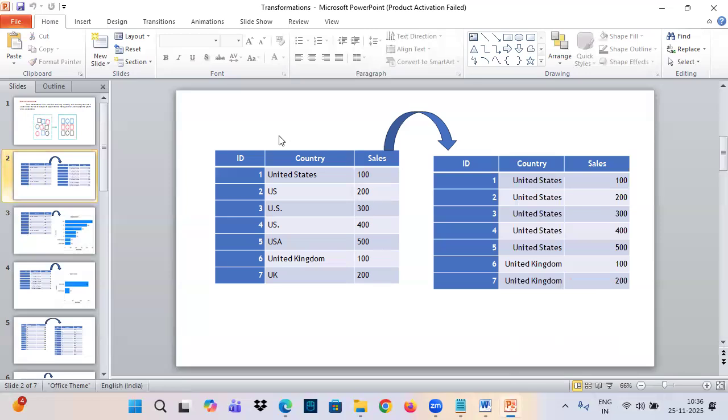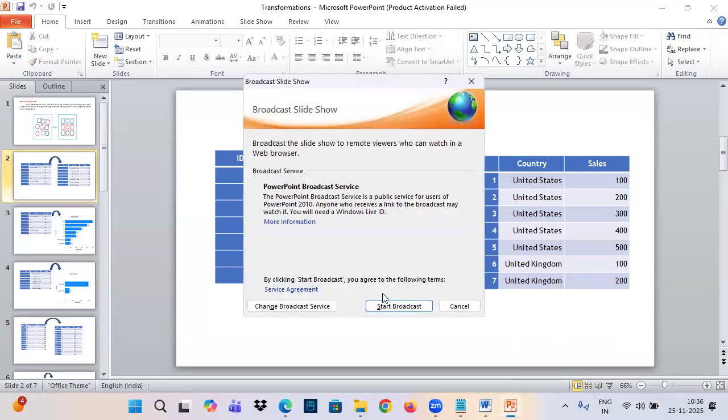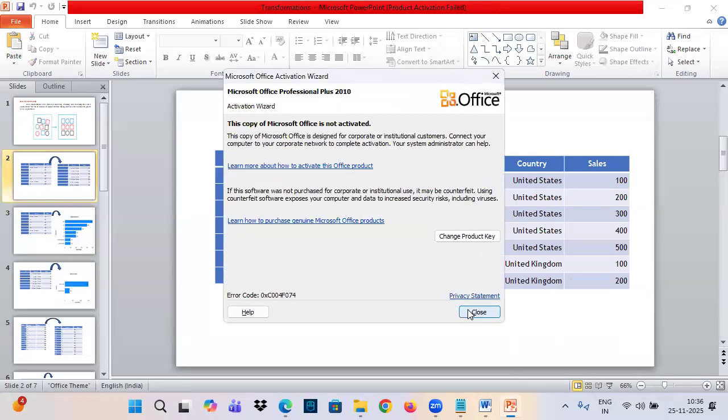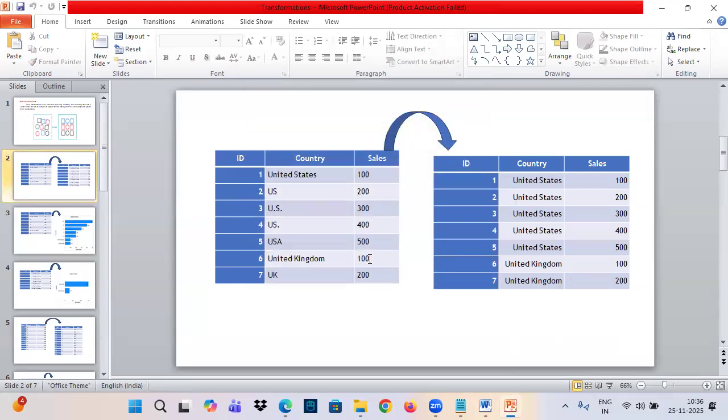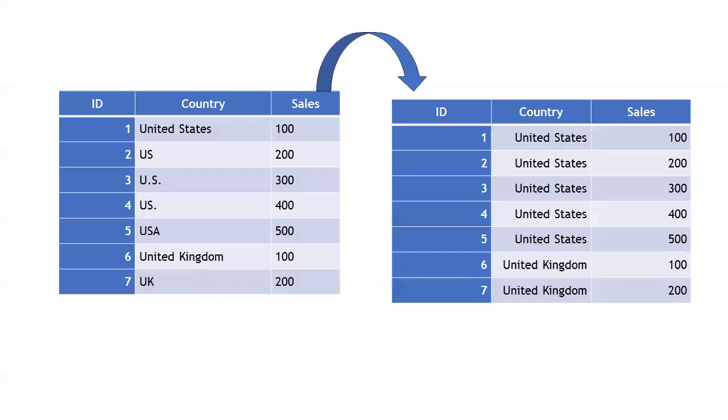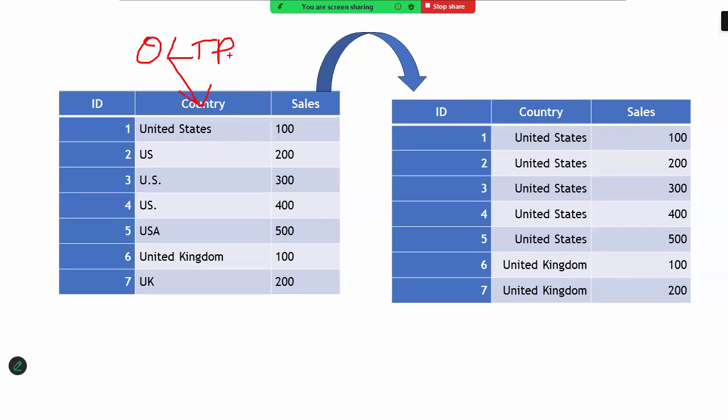One is the OLTP table, the second one is the OLAP table. This is how the data will be in the OLTP. This is how the data will be in the OLAP. So from OLTP to OLAP, data will move using ETL software. Now try to understand.